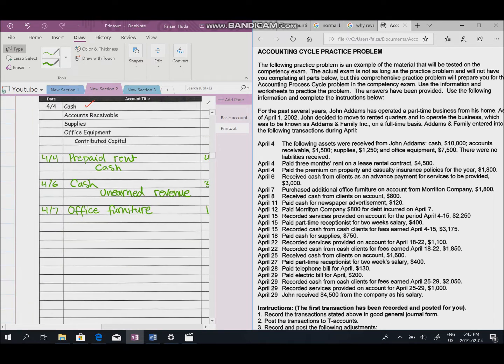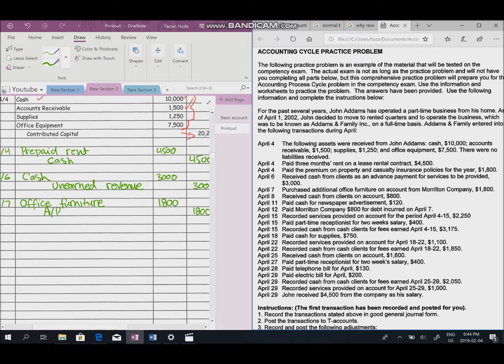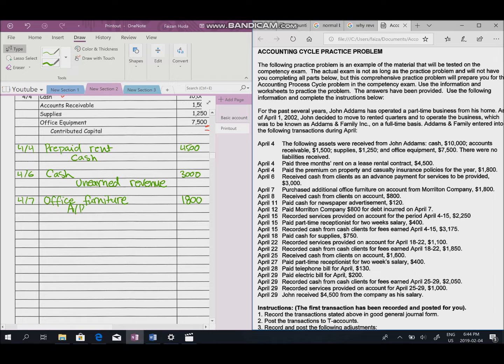Then we credit accounts payable since we bought it on account. As I said before, the keyword here is on account, and always remember, accounts payable is a liability account. To increase a liability, you credit that amount. So in this case, that's why I'm crediting accounts payable.